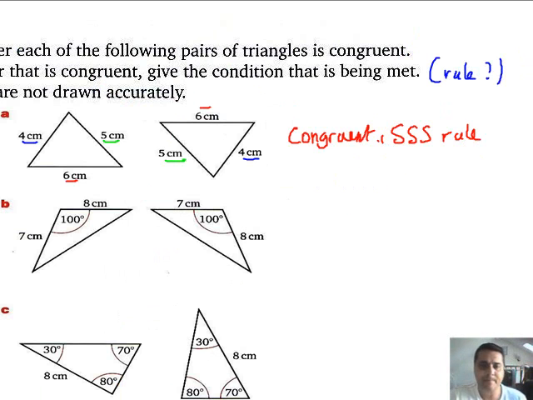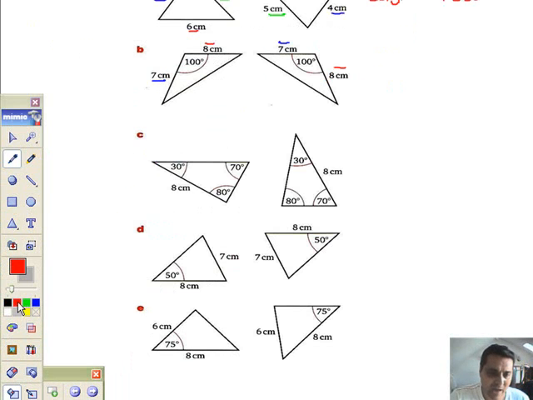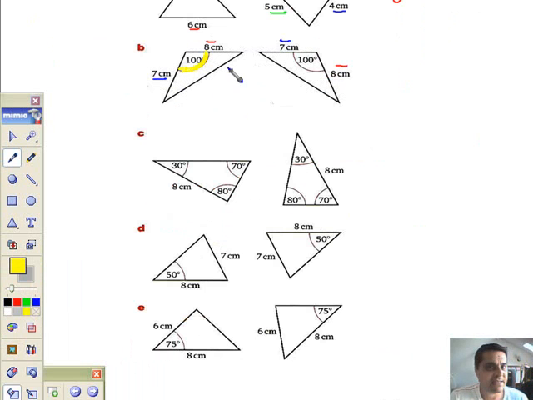Now what about this here? Let's study it carefully. I have a 7 matching the 7, so far so good. I have an 8 matching the 8, so I've got 2 sides, and look, I have an angle between them, so I've got 100 degrees of an angle there, and it spans the 7 and 8 centimetre part of the triangle, and also spanning the 7 and 8 centimetre side, I have an angle of 100 degrees.